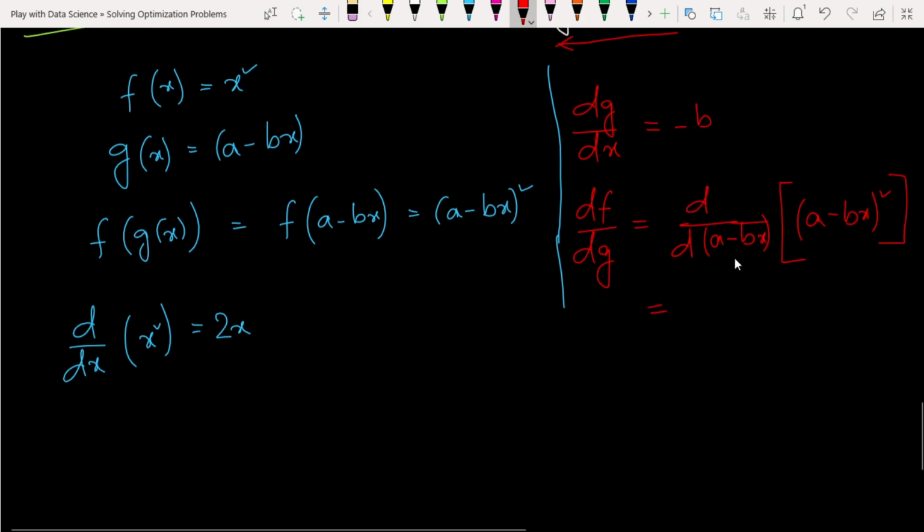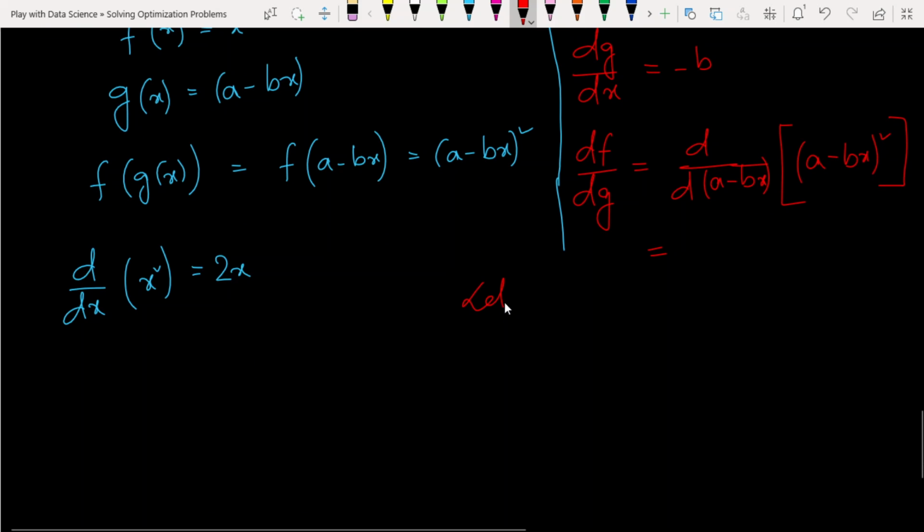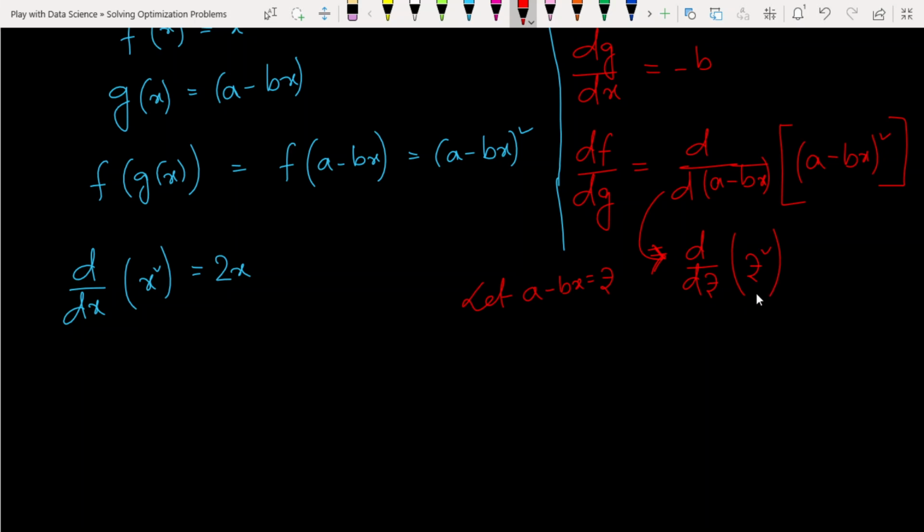If we let a minus bx equal z, then this will be transformed to d by dz of z square. So simply 2z, that is 2 into a minus bx.